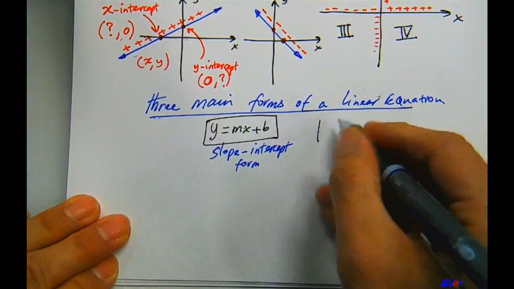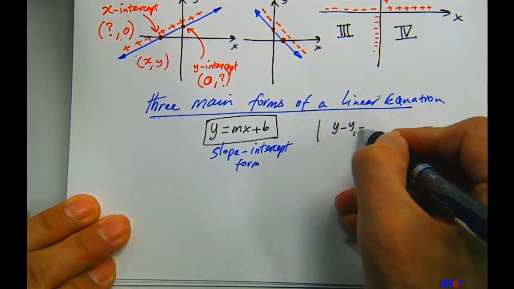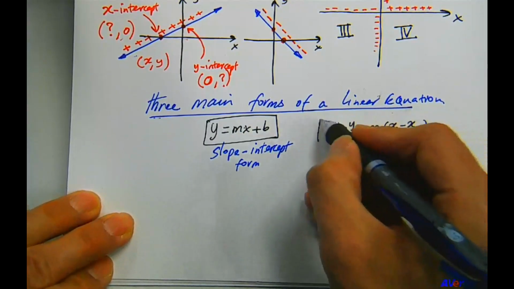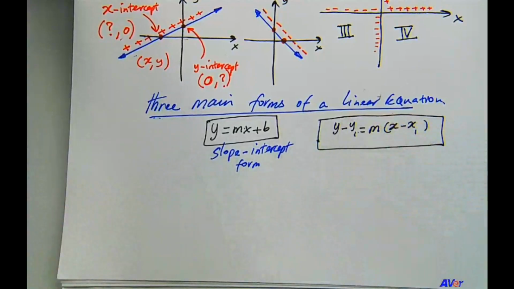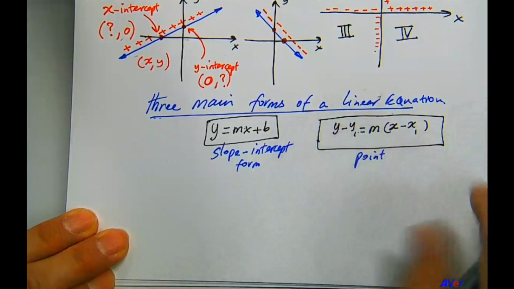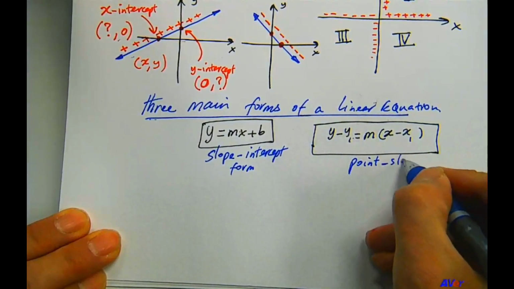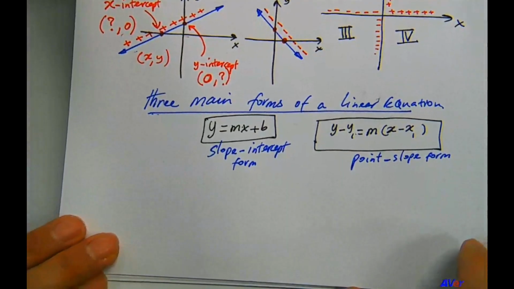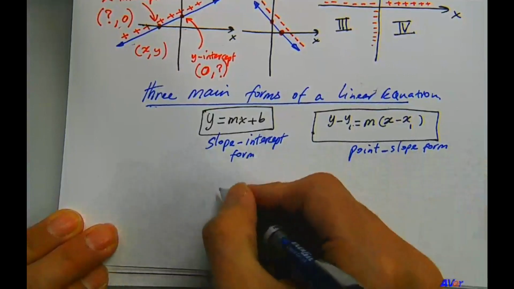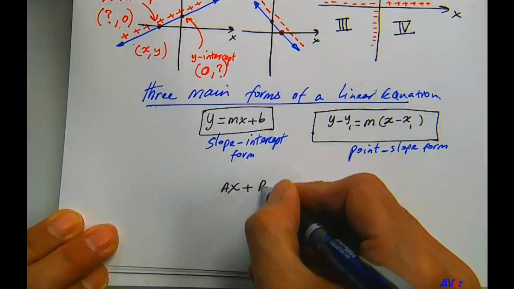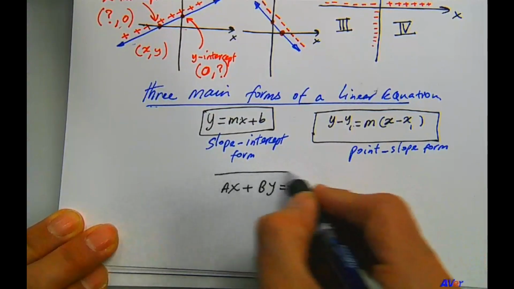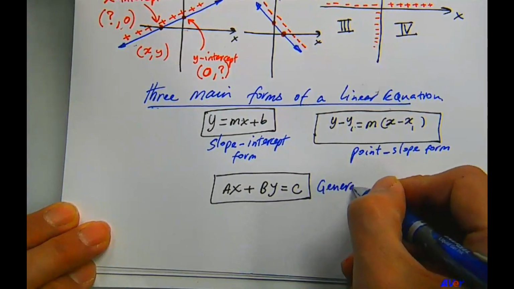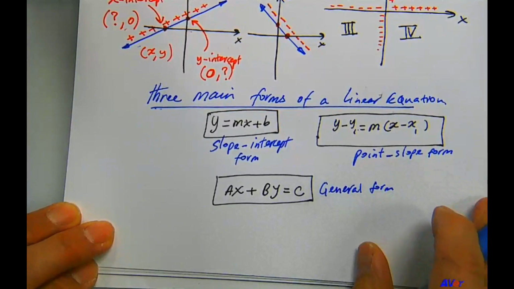We have another form, which is y minus y1 equals m times x minus x1, and this is called the point slope form. And of course, we have the general form, which looks like this: ax plus by equals c. And this is the general form of a straight line.